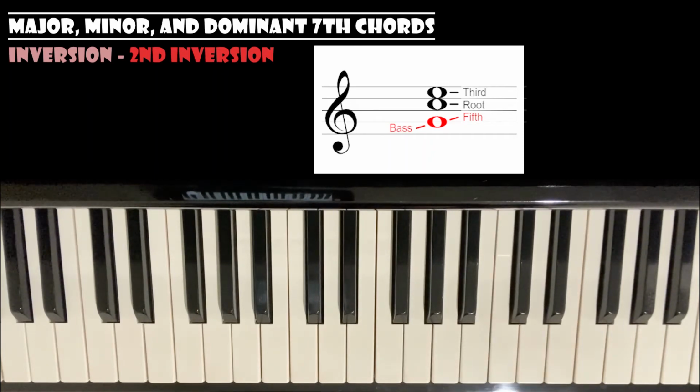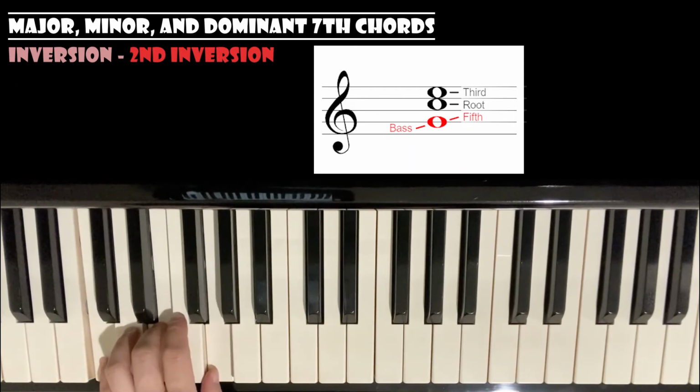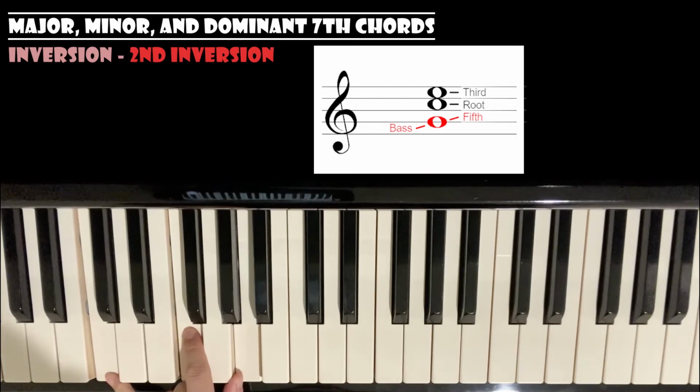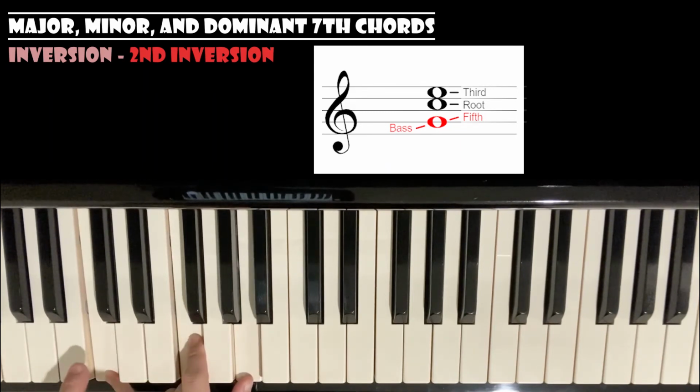So do you remember the cadence, right? This is 1, this is the 4 chord. This is not in the root position. This is actually the second inversion of the F, the 4 chord, right? See?